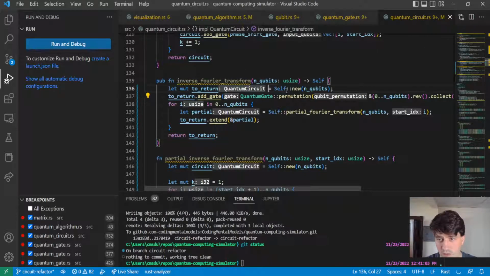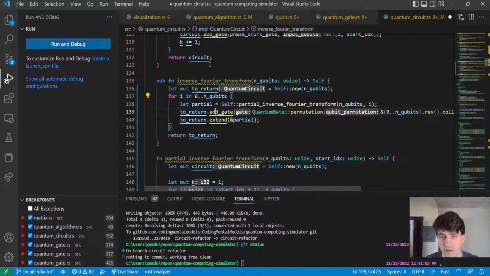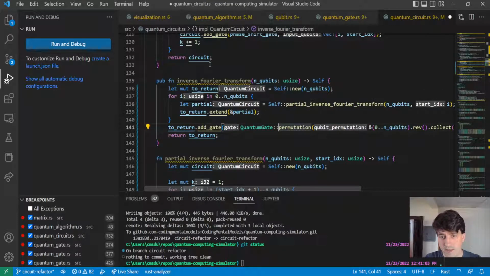Inverse Fourier transform is going to use the partial inverse Fourier transform. It's going to do a gate at the end, which is a reverse permutation, which I have to check the implementation of also. And then there's a question about these indexes here.